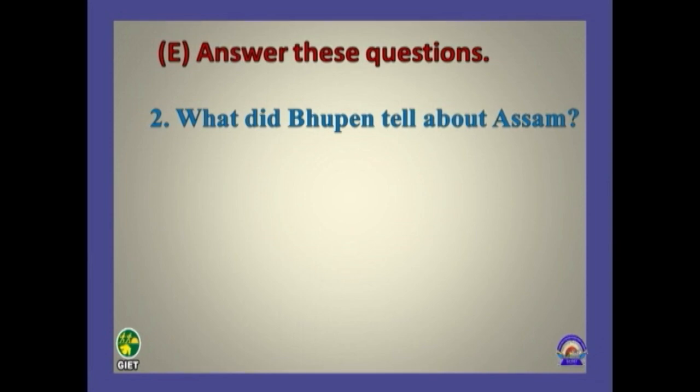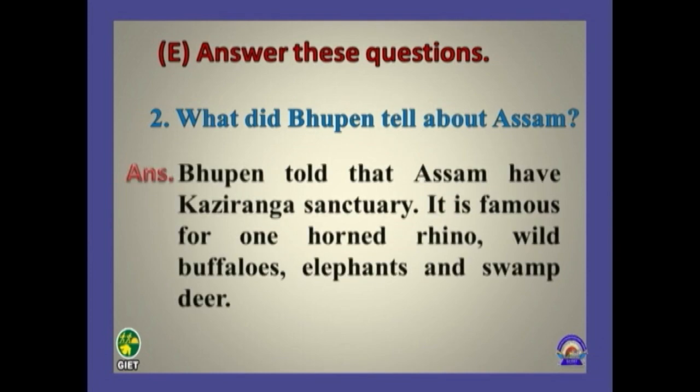Bhupen told that Assam has Kaziranga Sanctuary. It is famous for one-horned rhino, wild buffaloes, elephants and swamp deer.